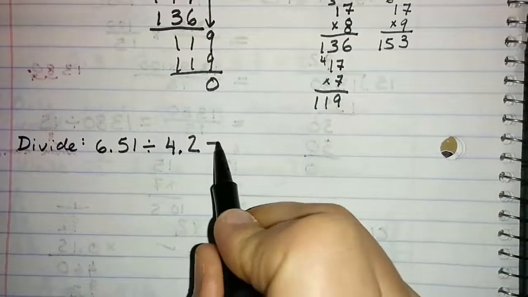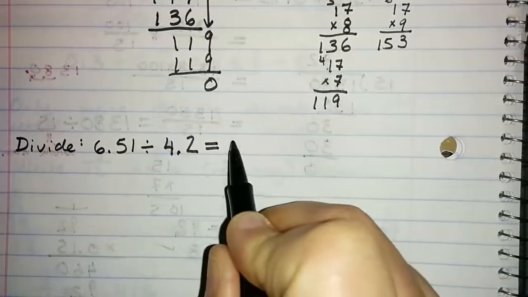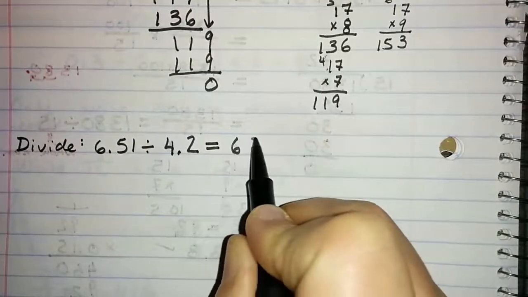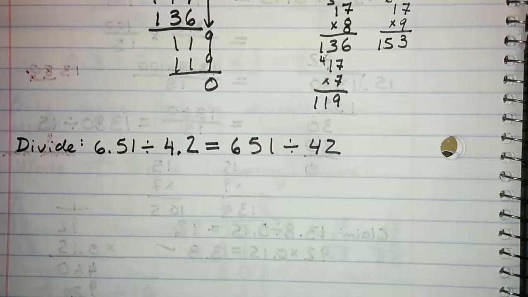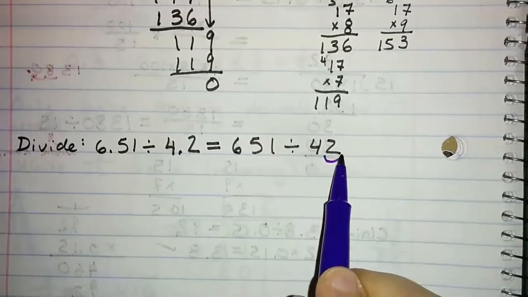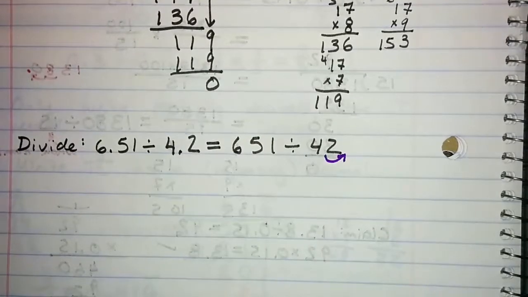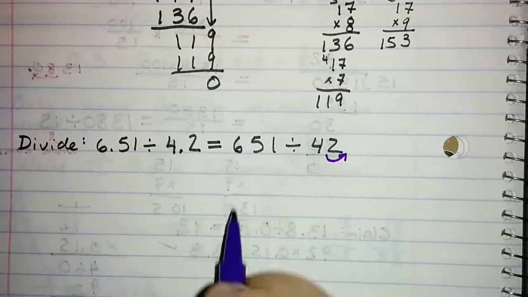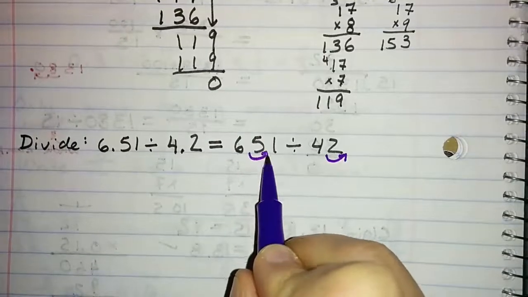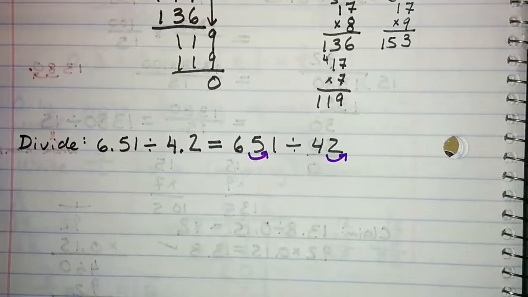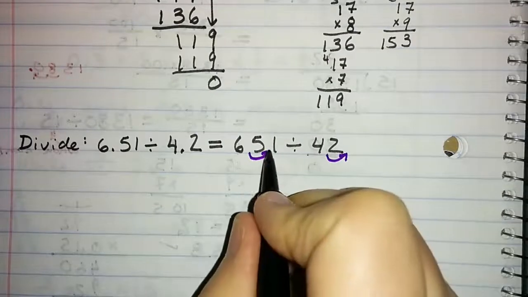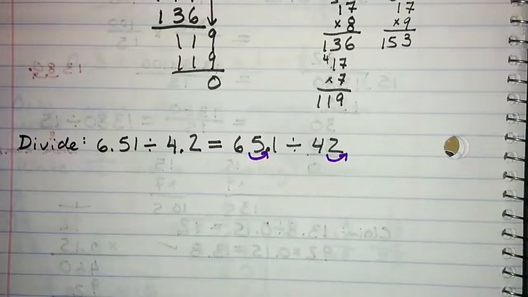Alright, again, our first step is to rewrite this as division by a whole number. To get from 4.2 to 42, we needed to multiply by 10. That is, we needed to move the decimal point one place to the right. We need to do the same thing in the dividend. We'll get 65.1.